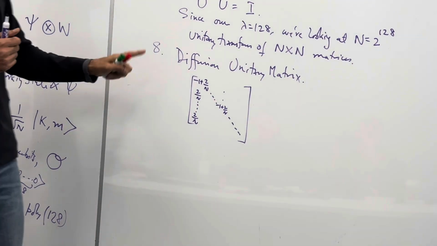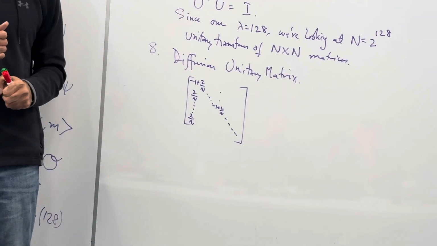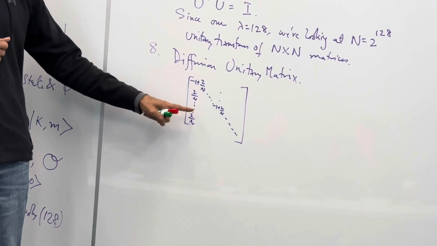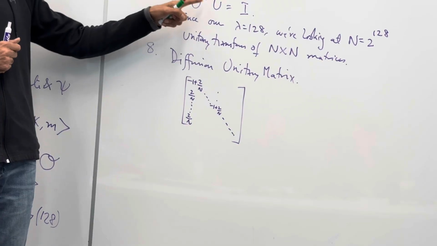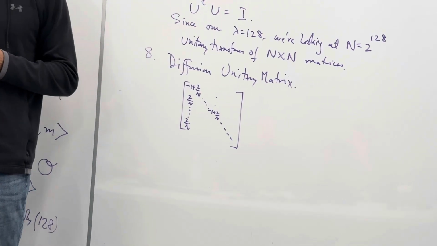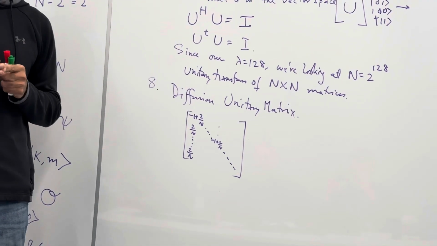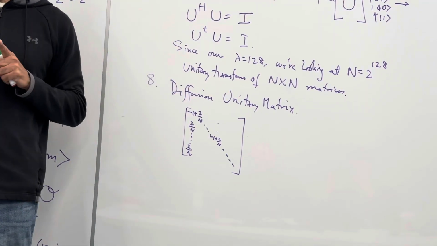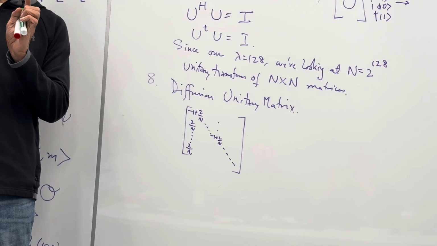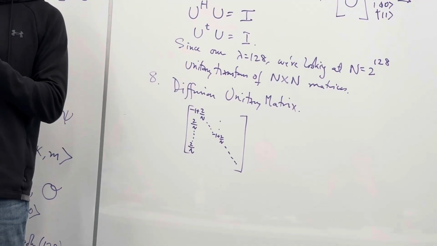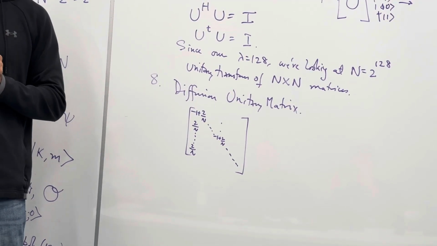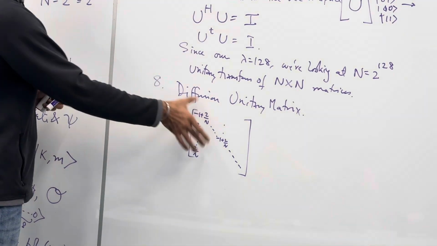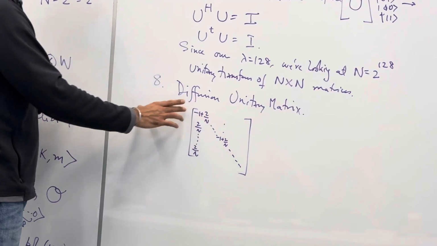So why is this a unitary matrix? We have to check two properties. Since it's a real matrix, all we have to check is that U transpose U is equal to I, which is effectively saying that the norm of each column is 1, and all different columns are orthogonal to each other. When you take its transpose, this column comes here, and the next column comes here, like that.